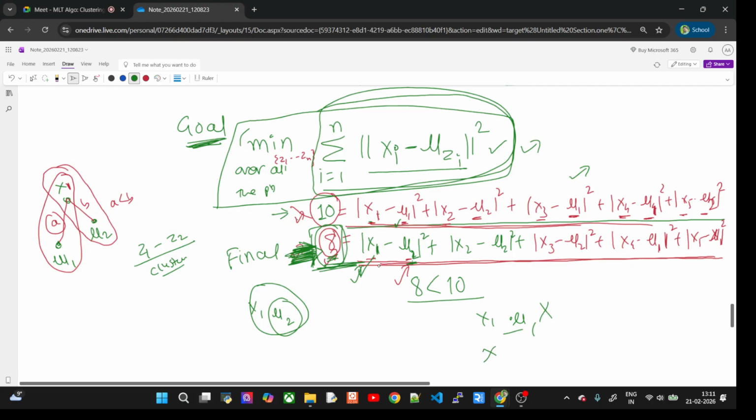After the summation you got the value 8, and this says that x1 has to go to mu2, it should not go to mu1. The combination of z1 to zn that gives the minimum value is the best combination you need to choose, and that gives you the actual clustering.